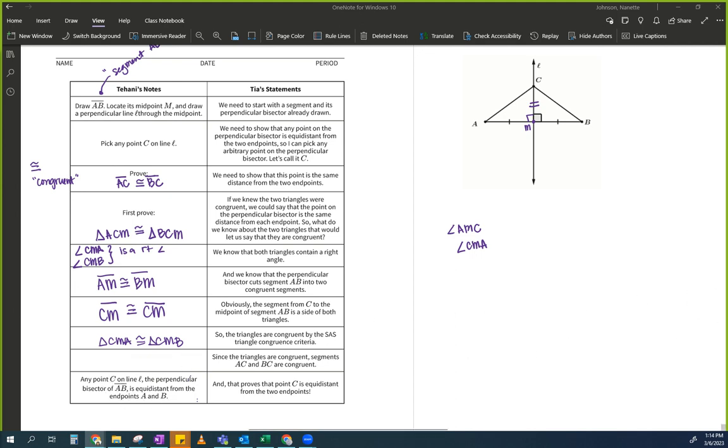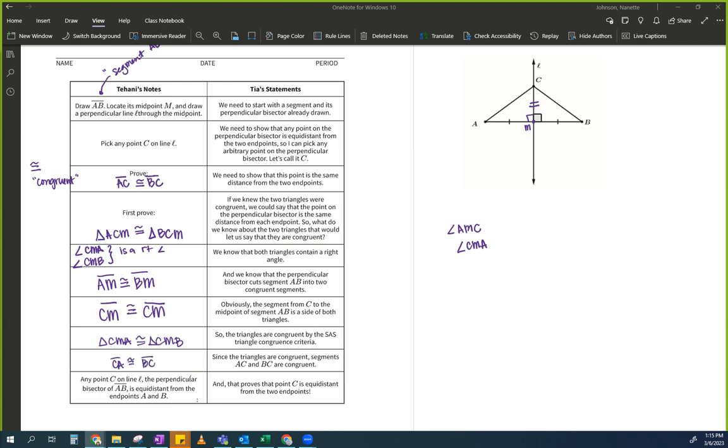Okay. What did you write here? Yeah. You could say CA is congruent to BC.